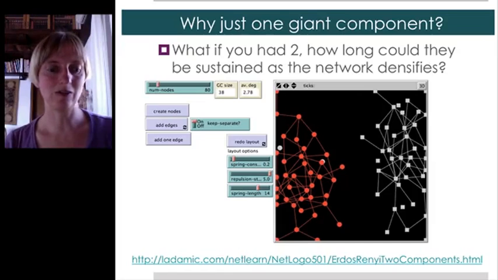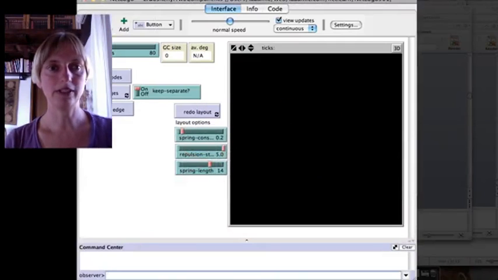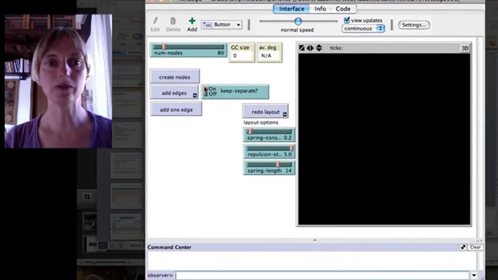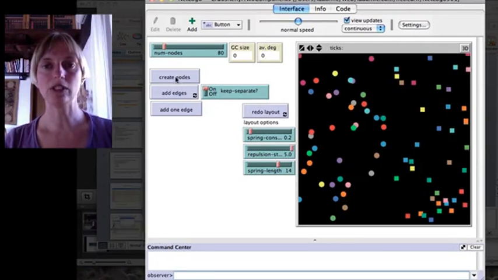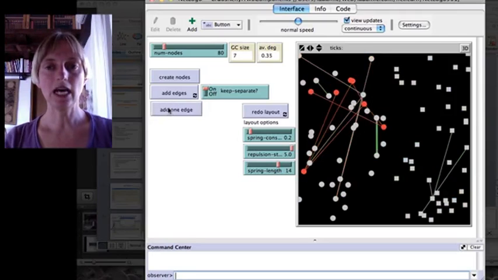So what I'd like you to do is to look at this particular NetLogo app with 2 components. And what you'll be doing at first is you're going to keep them separate. So this switch is going to be on, and you can select some number of nodes. 80 is fine. And then we're going to create the nodes, and you're going to have the circles and the squares. And while you're keeping them separate and you're adding edges, say 1 by 1, they're only going to be occurring between the circles and between the squares, right?